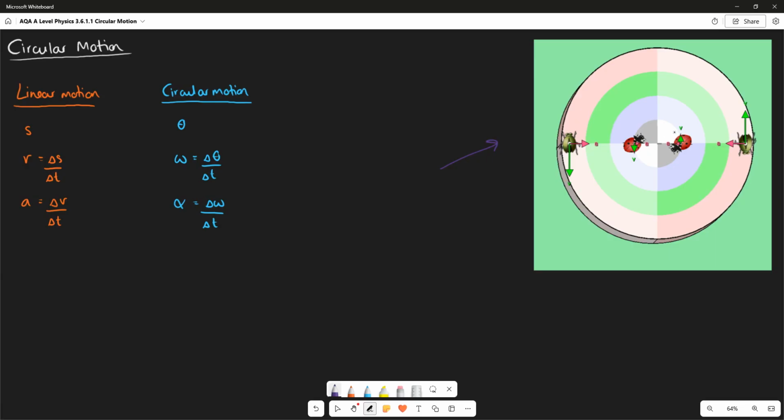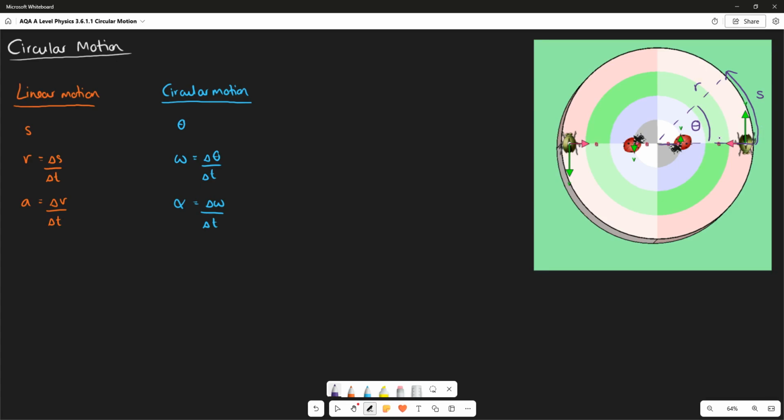If we look at the simulation, when an object moves around the outside of a circle, it maintains the same radius at all times. We can describe the movement either by using the angle through which it's moved or the displacement along the outside of the circle.